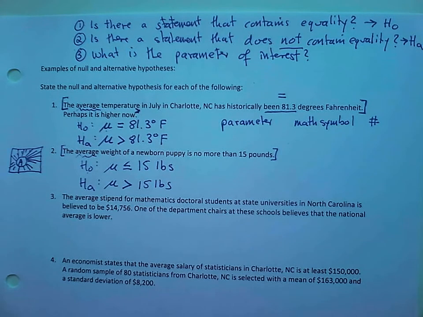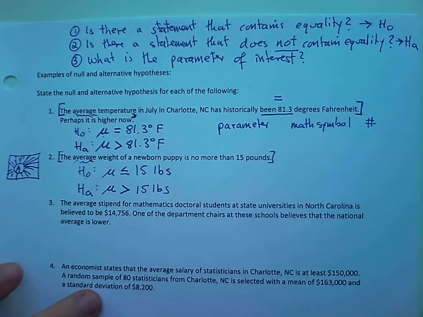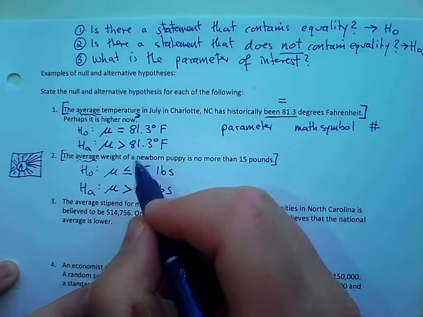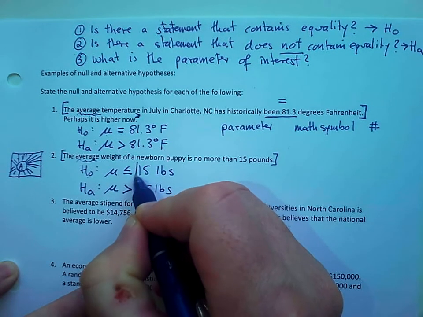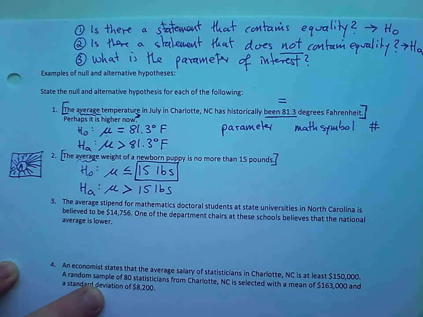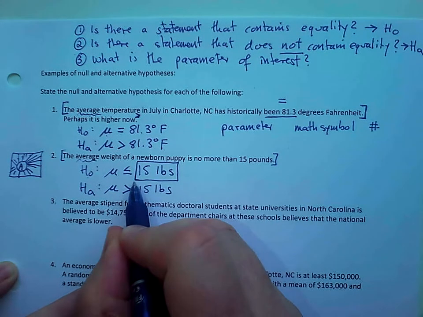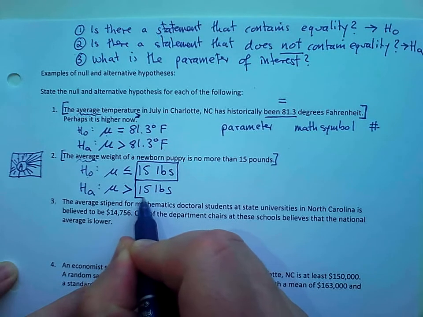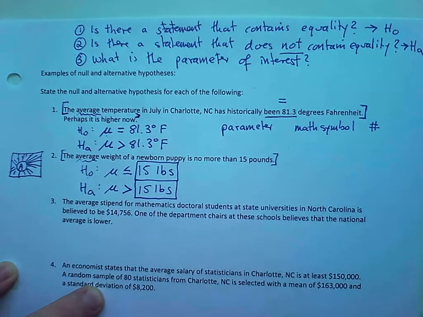Alright, and now we have our second null and alternative hypothesis for chapter 8, which brings us again to another really important concept and something I haven't mentioned yet, but maybe something that you're starting to pick up on. The number that we have for the null hypothesis must always be the same as the number that we're using for our alternative hypothesis.